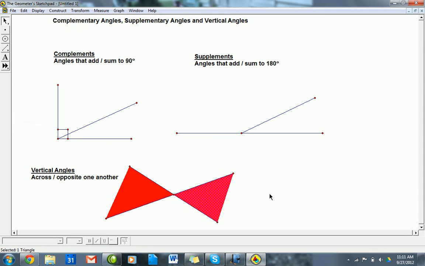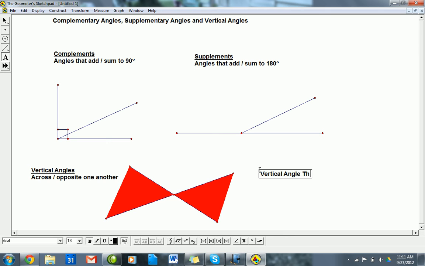So these two angles in here, determined by these two line segments, the red ones, are vertical angles. The white ones are also another vertical angle pair. Red and white, of course, are supplements. Red, white, 180. And red, red are actually the same by what's called the vertical angle theorem.